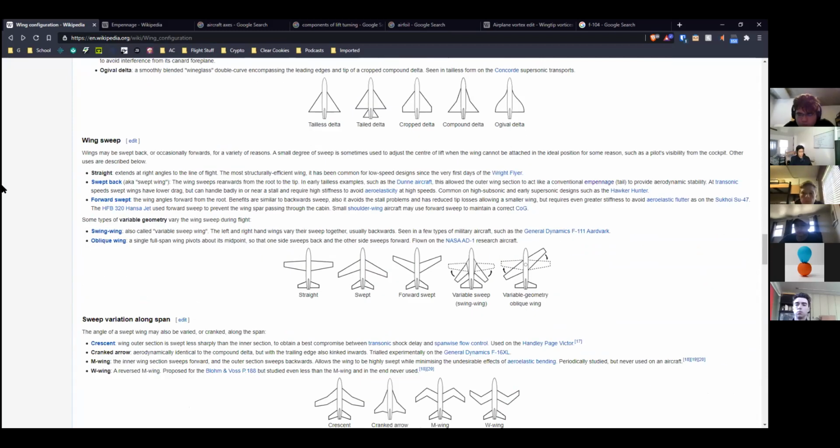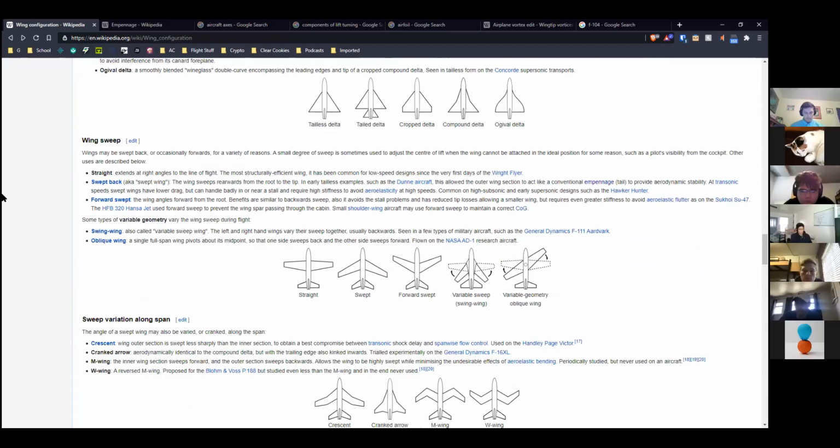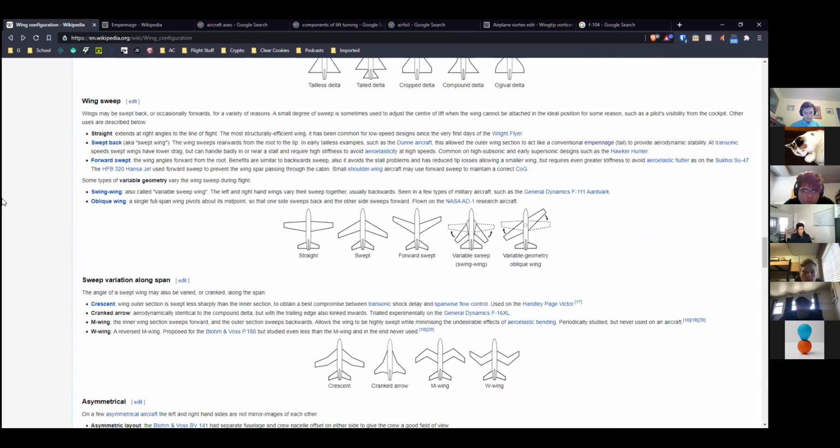Okay, sweep is cool, but sadly it's usually not that relevant to us, because the main benefit of sweeping a wing is that when you start to approach Mach 1, the drag gets really high, and you can get around that by having less, it's called apparent flow, I think, or something like that.